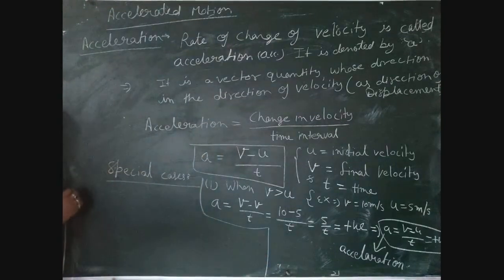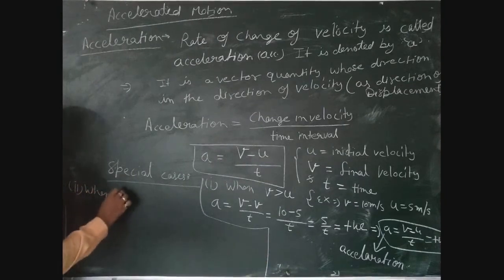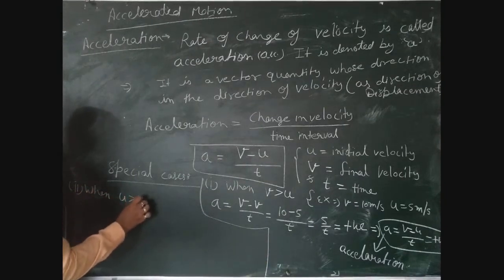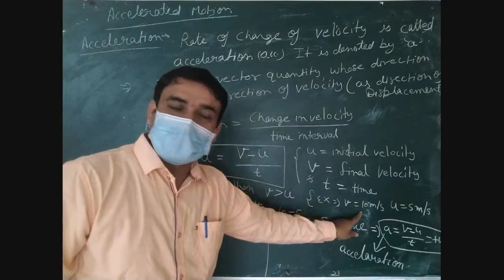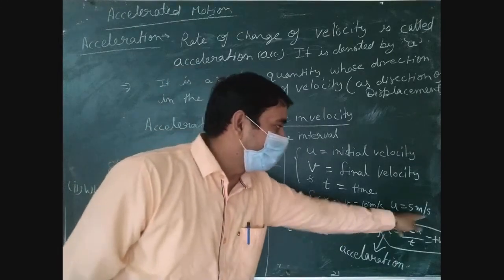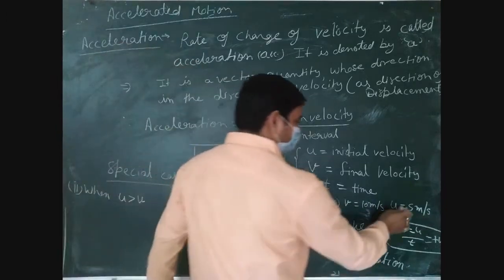And the second case, when u is greater than v. In the same example, v is equal to 5 meter per second and u is equal to 10 meter per second.